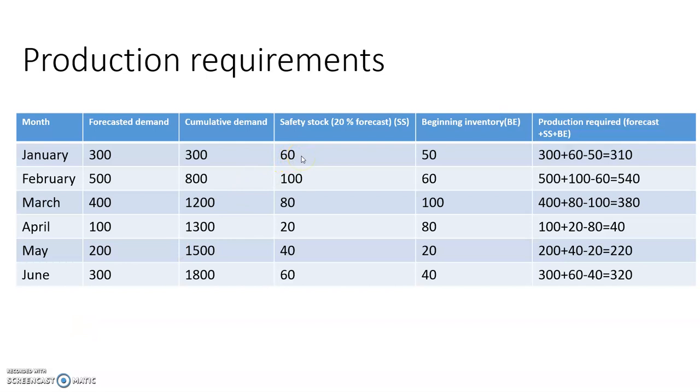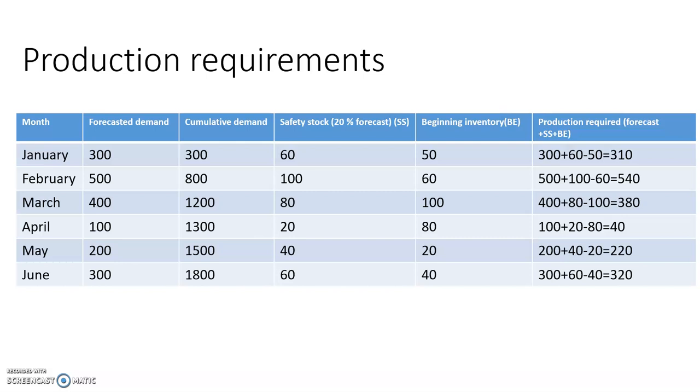Safety stock of 20% of the forecast, that is 20% of 300, we get 60. Safety stock for February is 20% of 500, we get 100. Safety stock of March is 20% of 400, giving 80, and so on and so forth.